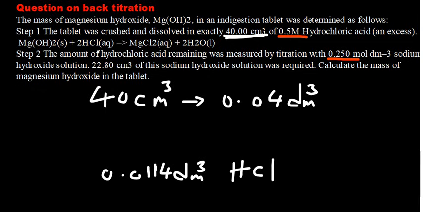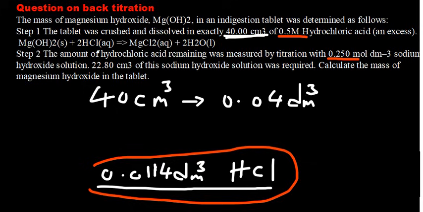Knowing that the remaining part that reacted in the second experiment has been determined, we can subtract now to determine what reacted in the first reaction. This part is coming from the second reaction.